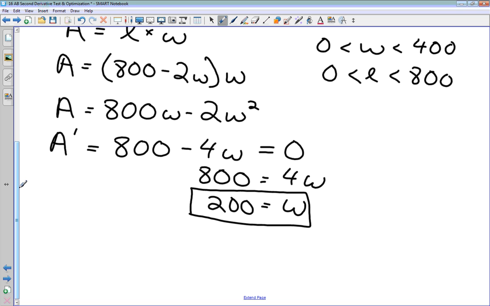So I could just come over here and I could say, well, my second derivative is going to be the derivative of a primed here. So if I take the derivative of a primed, I get negative 4. Negative 4 is clearly less than 0. So the second derivative test is telling me that this value, w equals 200, corresponds to a local maximum.